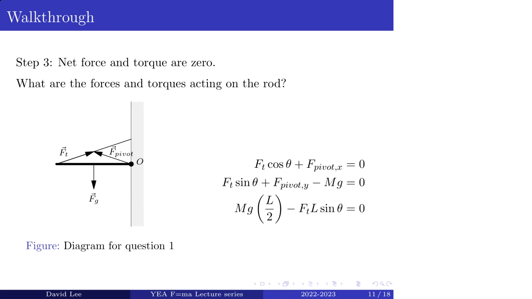So we have three unknowns, and we also have three equations, which means we can solve these equations. I'll give you another few minutes to solve these equations, and when you're done, please tell me what you get.